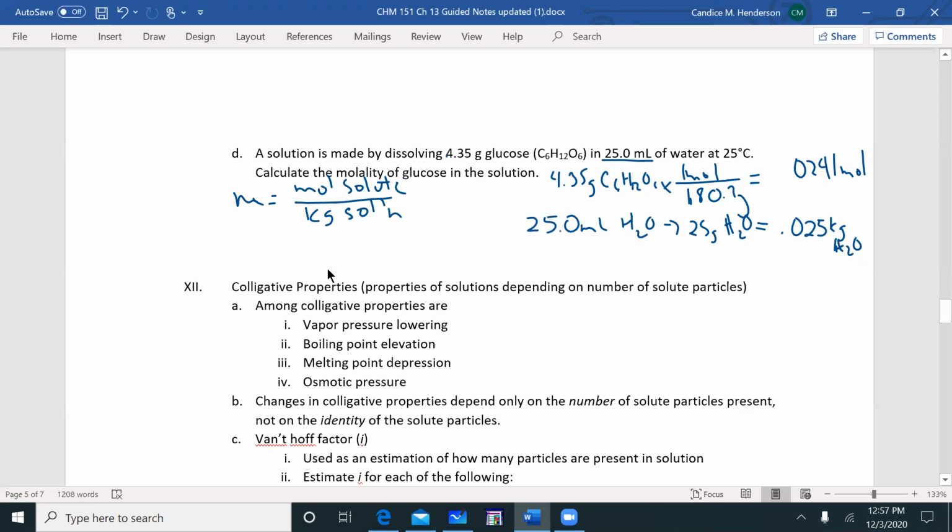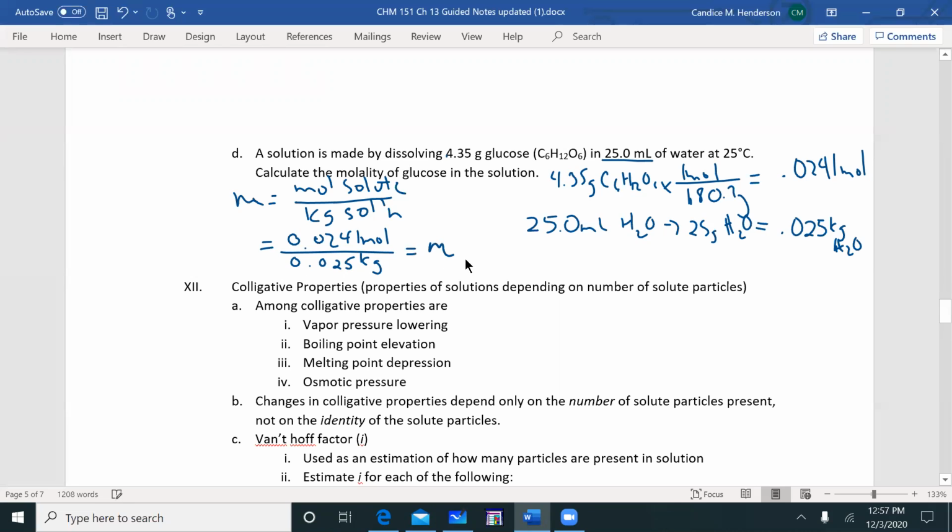So now it's just as simple as plugging this into our molality equation, which we put our moles on top, 0.0241 moles, over that we'll put our 0.025 kilograms.